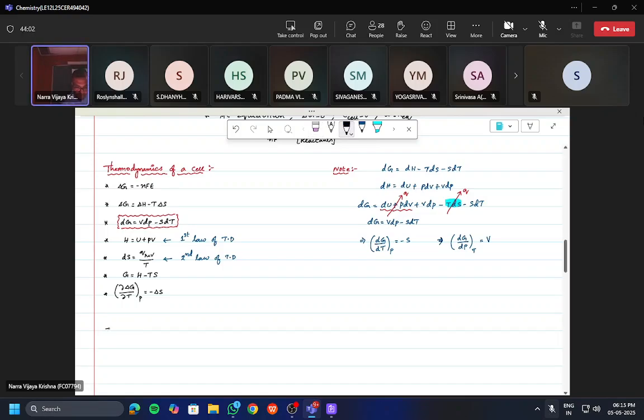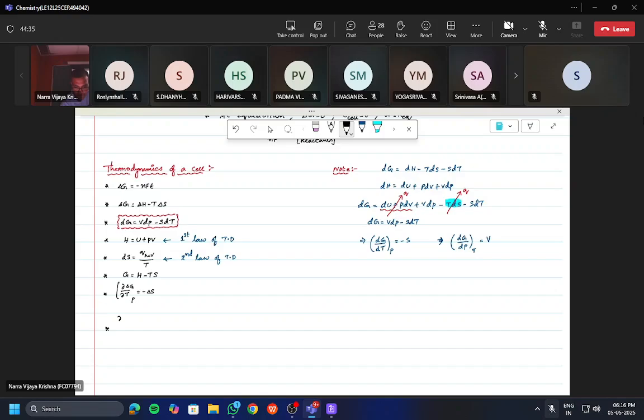I'm writing one more equation. Partial delta G upon, this is partial differentiation, sir. Don't get confused. This is partial differentiation. Partial G upon partial T at constant pressure is equal to minus delta S. Oh, I missed delta G. Again, I am making the same mistake.